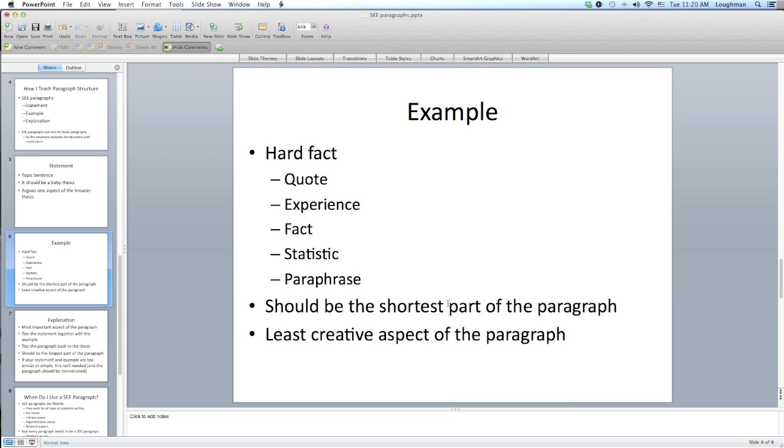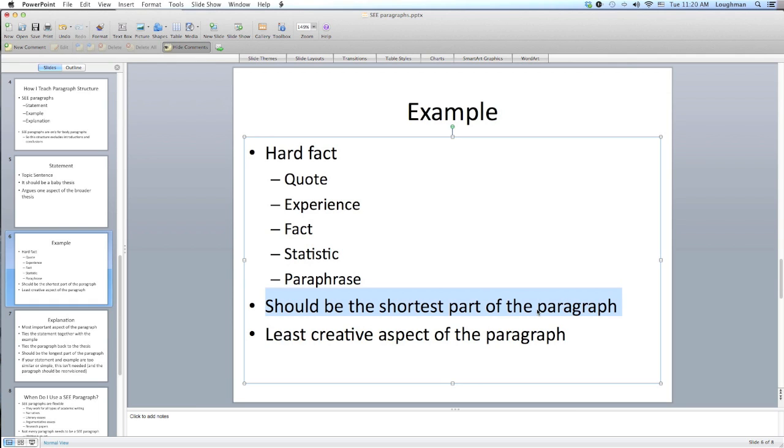A lot of students, they like to summarize. They like to quote. They like to paraphrase. All right. And what that does is it overshadows their own opinion. All right. And that's why I say this down here. It should be the shortest part of the paragraph. All right.